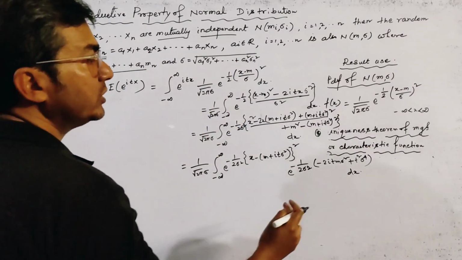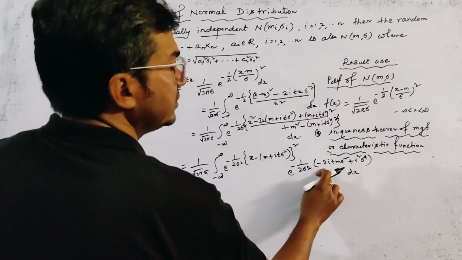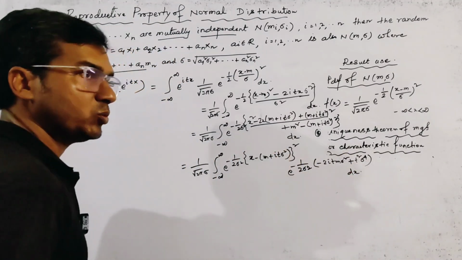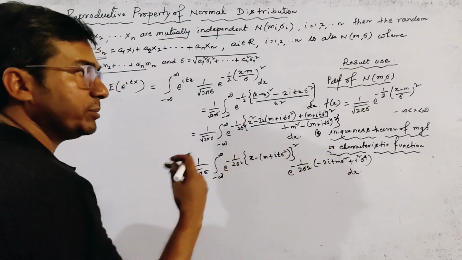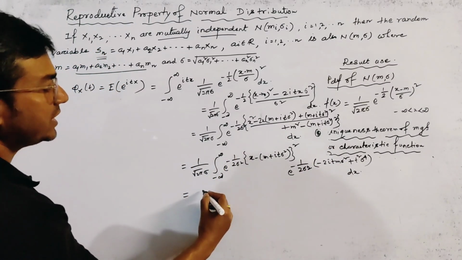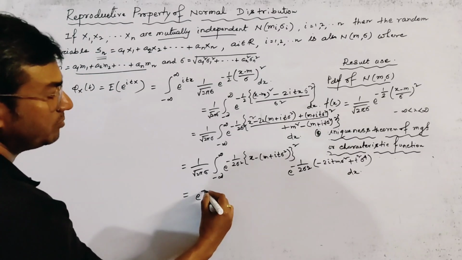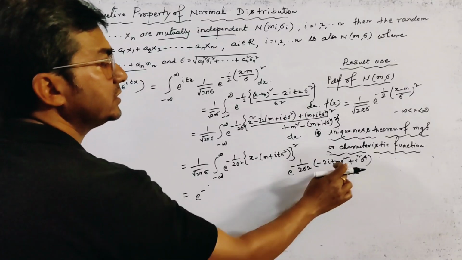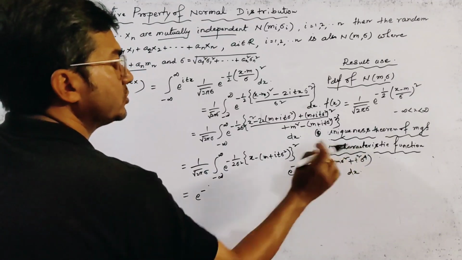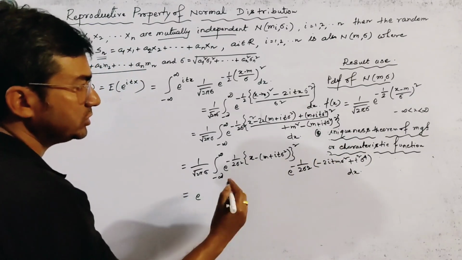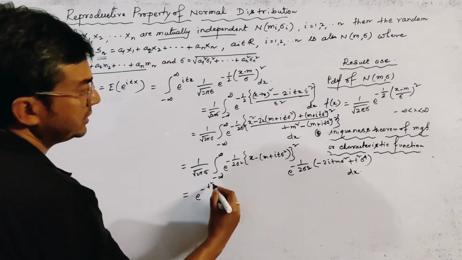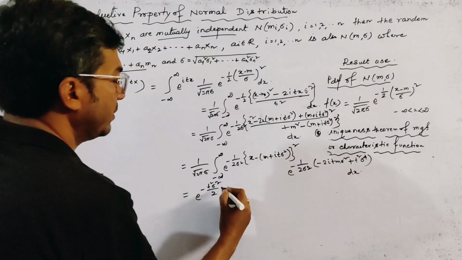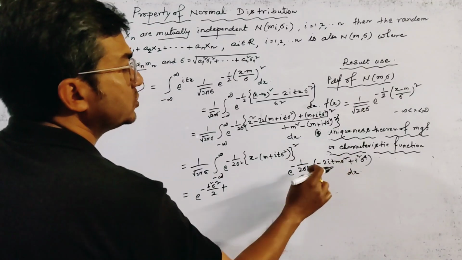Now since this term is completely constant with respect to x, because the integration is with respect to x, we write it outside the integration, and we get e to the power minus this 2, and this sigma square we write inside the bracket, and sigma square cancels out. We get e to the power minus t square sigma square by 2. From here we get plus, sigma square cancels out, 2 cancels out.